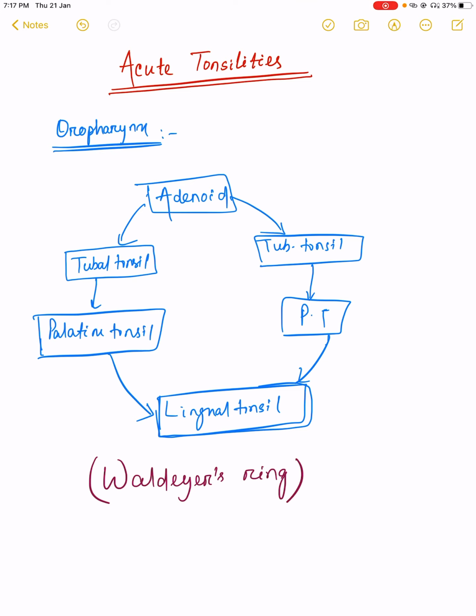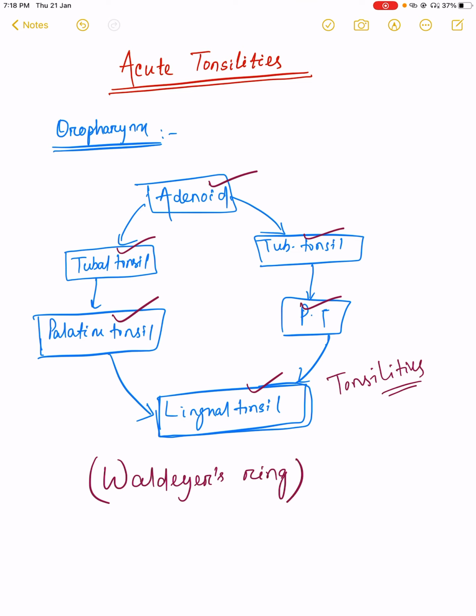If infection or inflammation of the tonsils occurs, meaning in these places infection and inflammation occur, it forms tonsillitis. So we should check this area, or we should know the anatomy of this region, so that we can treat and manage the case. Fine.